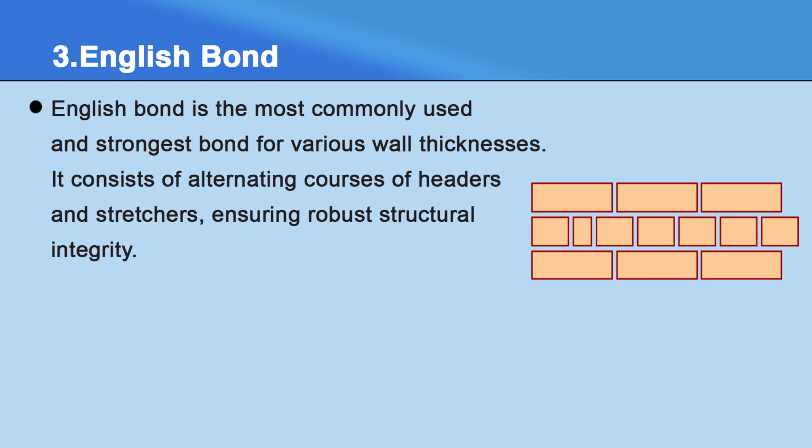This bond is composed of alternating courses of headers, that is the bricks which are laid with their shortest face or width showing, and the stretchers, that is the bricks laid with their longest face or length showing.